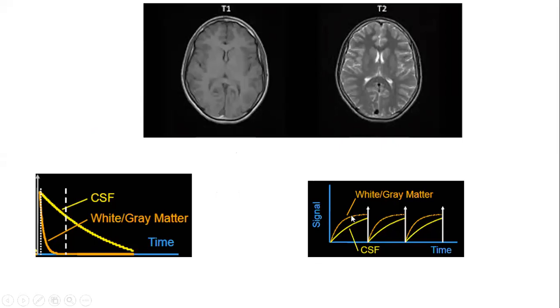Let's assume this is white matter. Like I said before, for T1, we look at the T1 regrowth curve, towards the right-hand side of this image. We look at the curve for CSF. We look at the curve for both white and gray matter because they have similar T1 recovery.